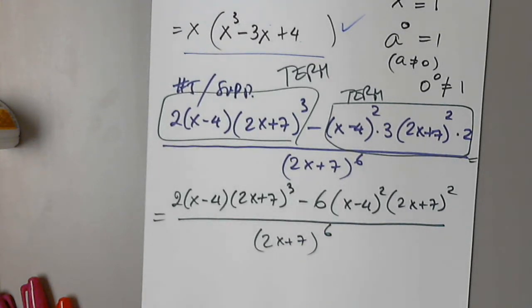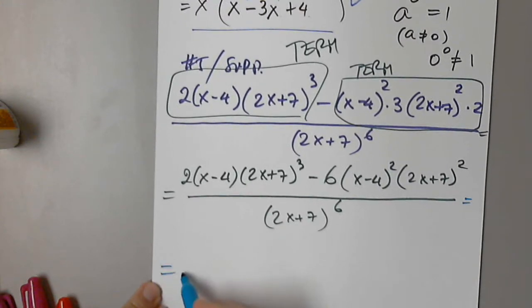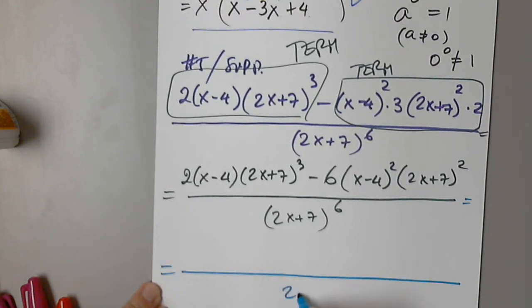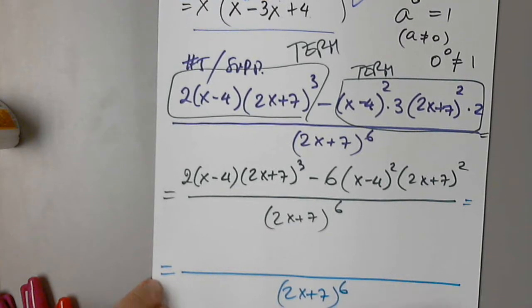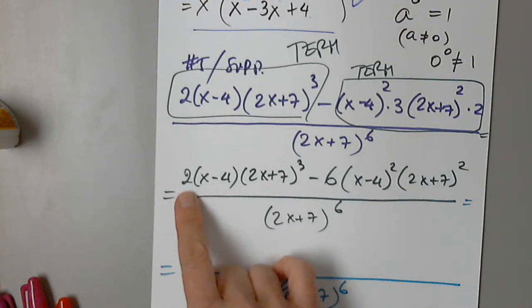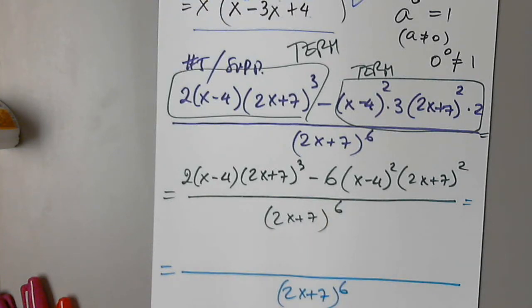My next question to you is, what is common in both terms? We identified 2 terms, and we see that something is common. Easy, slowly. I see a 2 in front and I see a 6 in front. What is common? 2.